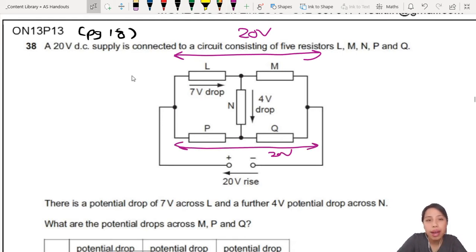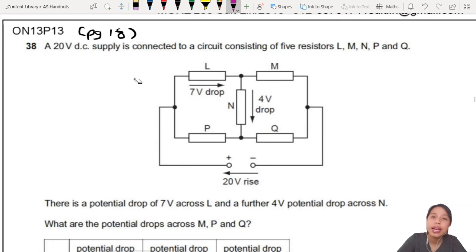You could say that, but it's better to start thinking in terms of Kirchhoff's law now, because that idea is where it originated from. What do I mean by that? I mean, you take a pen or whatever, you trace a loop. Let's go with the outside loop first. Go back to the battery.